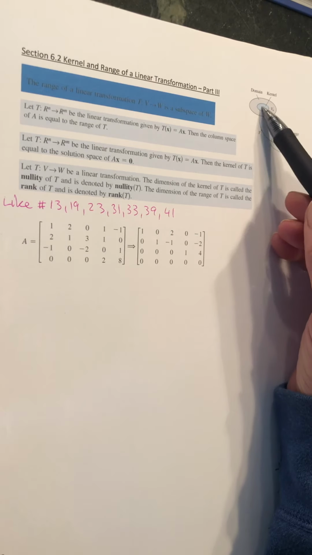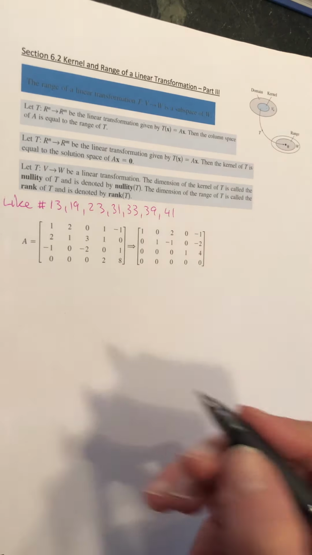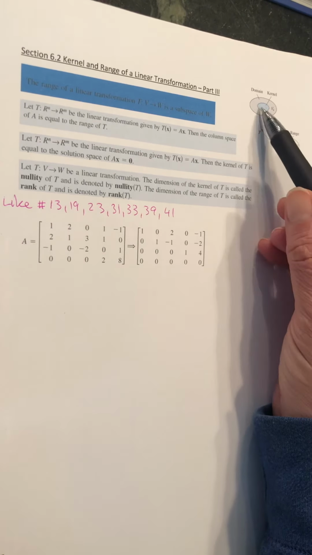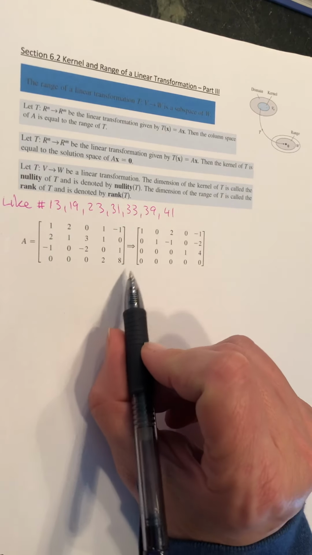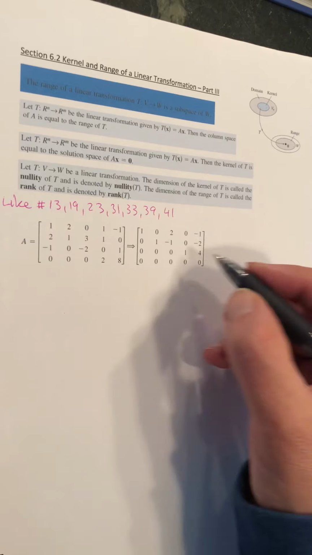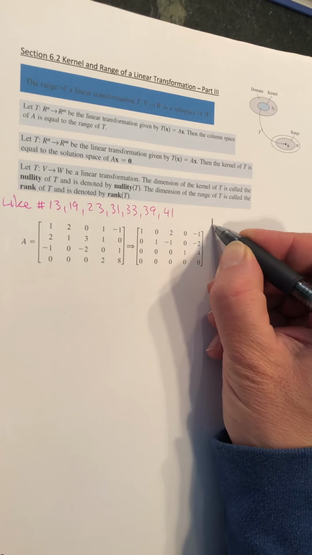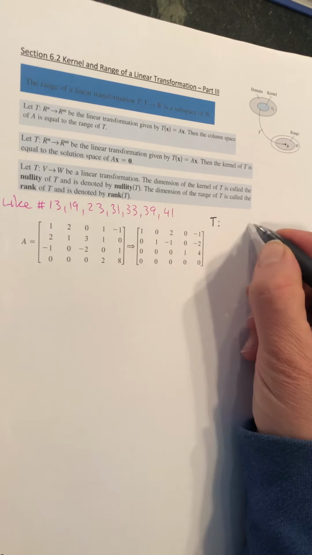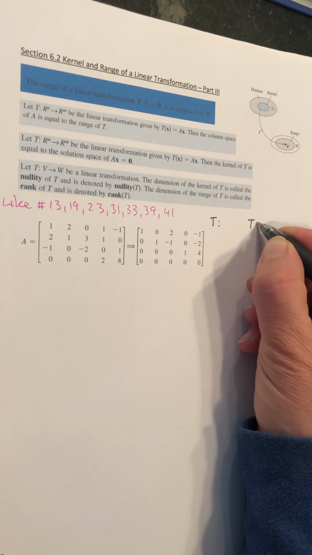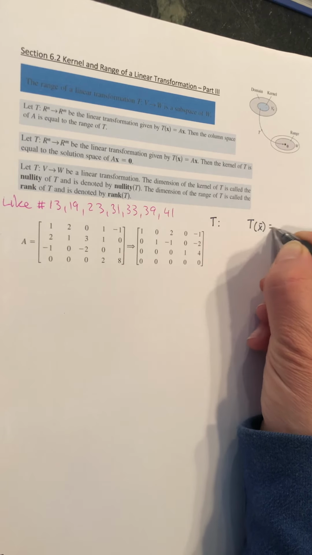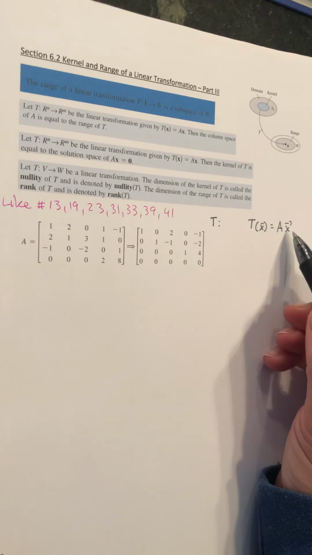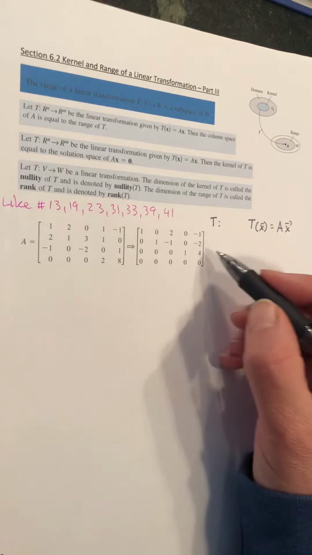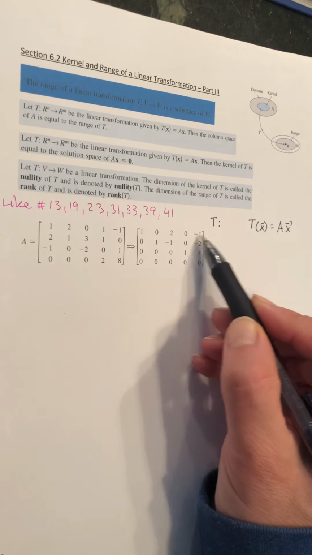And the kernel is all the vectors that get sent to the 0 vector. So the range is the set of all the vectors that come out of your transformation. For example, here, if we have a transformation that takes vectors and multiplies them by this matrix A on the left, then the vectors that you plug in have to be of dimension 5.